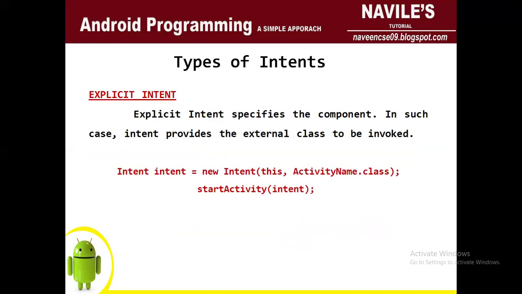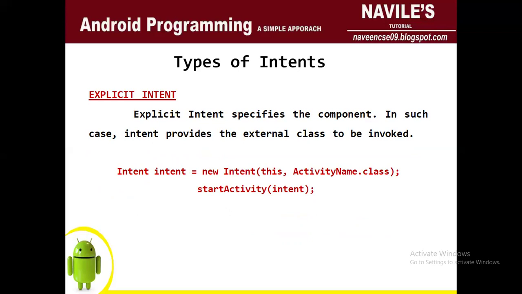We have another type of intent, explicit intent, which specifies the component. In such a case, intent provides the external class to be invoked. For example, we create a variable of an intent and instantiate it with two parameters. The first parameter is the current activity, that's what I mentioned as this.